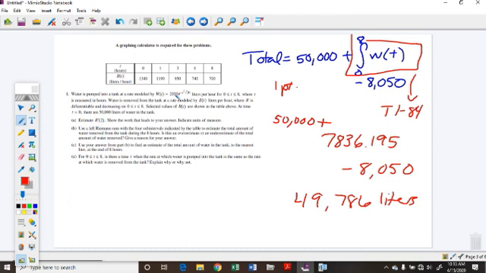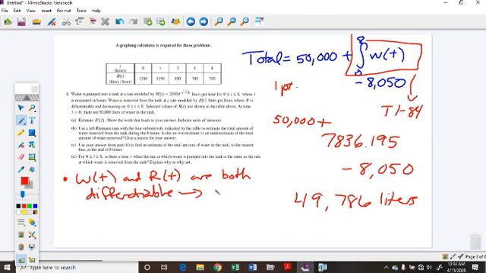We're told that R of t is differentiable, so you need to state someplace that W of t and R of t are both differentiable, which means they are continuous, so the intermediate value theorem applies.